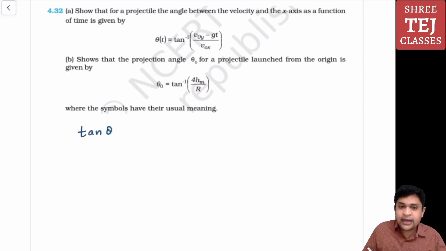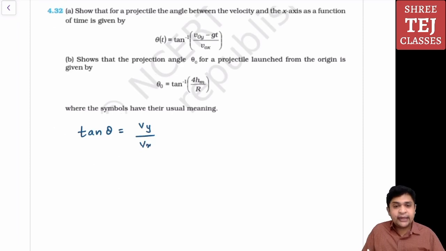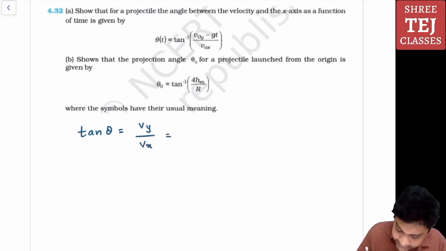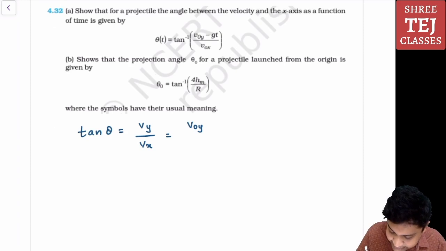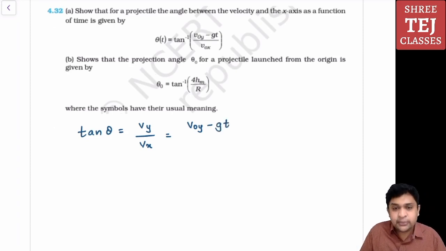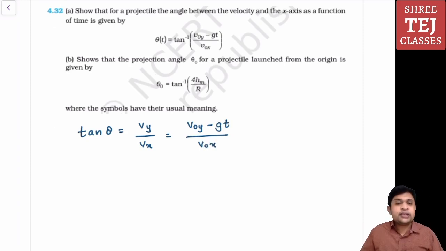Tan theta at given time t would be velocity in y direction divided by velocity in x direction. But velocity in y direction is velocity in y direction at the start, which is v0y minus gt, acceleration multiplied by time, divided by v0x, which does not change.